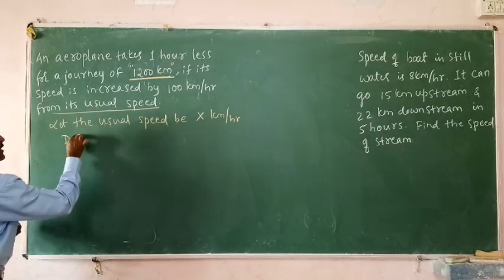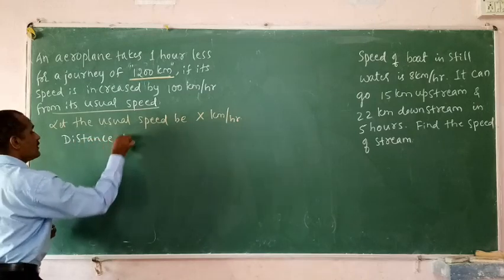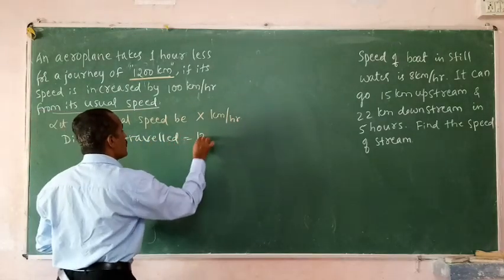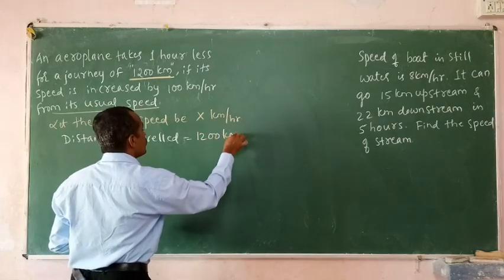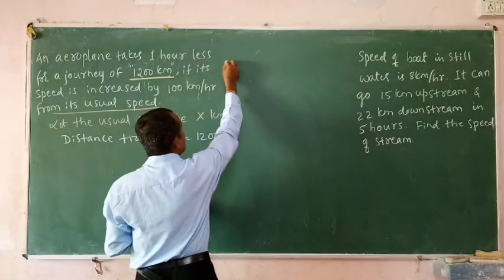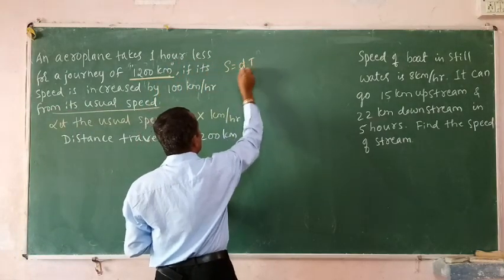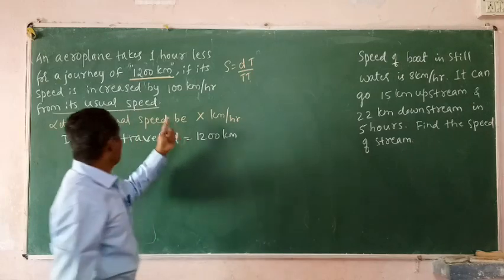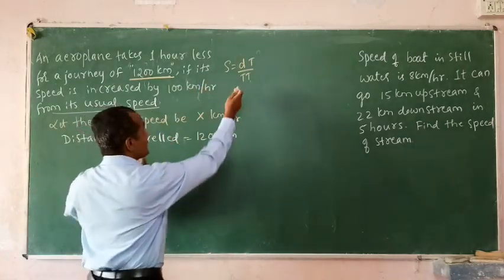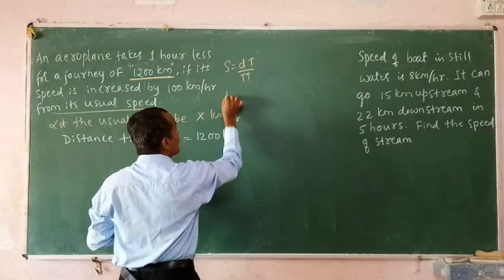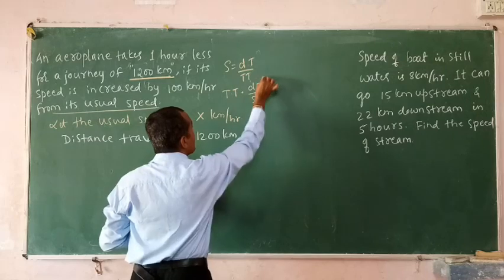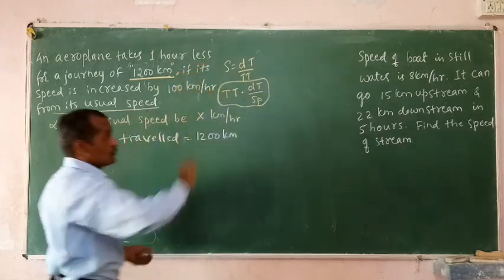Then I will take distance traveled is equal to 1200 kilometers. Again, wait for the formula. Speed is equal to distance traveled by time taken. I know the speed. I know the distance traveled. That means I need the formula for time taken. Time taken is equal to distance traveled by speed. This is the formula I have to choose.